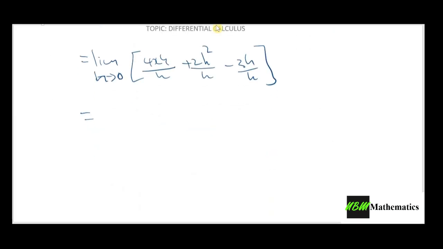Then h divided by h is 1, h squared divided by h will be left with h, and h divided by h is 1.